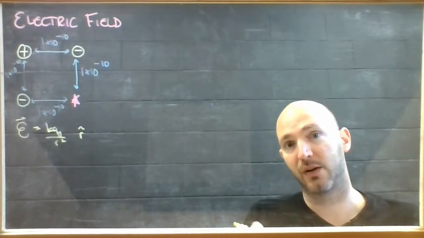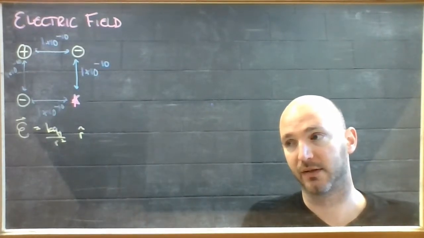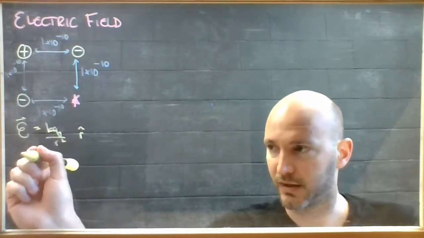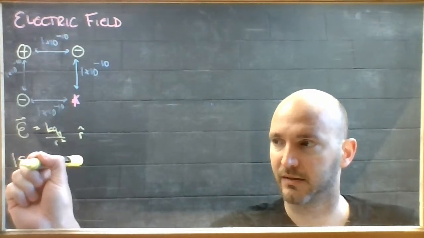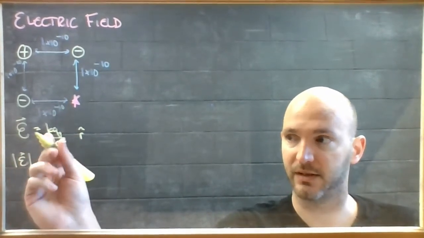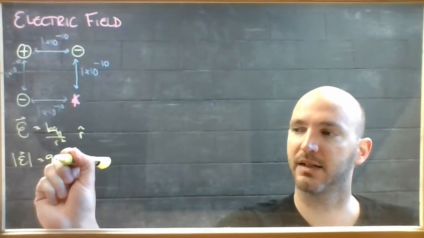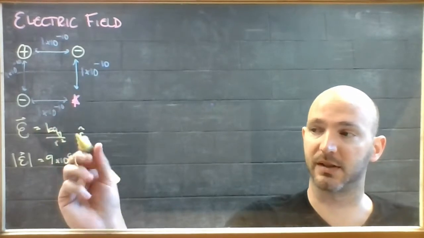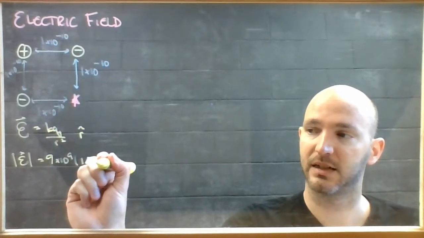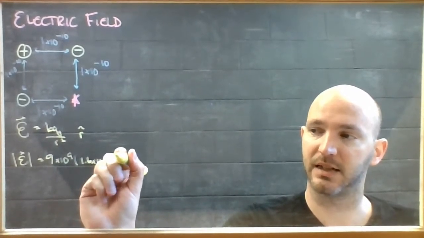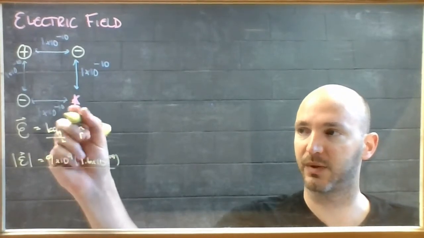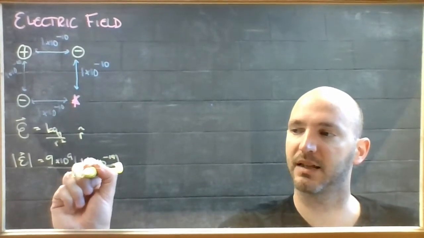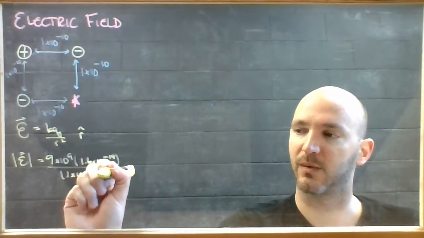So I'm going to try and work this out for the electrons. The magnitude of this thing, so the size of it, would be 9 × 10⁹. The charge on these electrons is 1.6 × 10⁻¹⁹, and the separation between them is 1 × 10⁻¹⁰ squared.